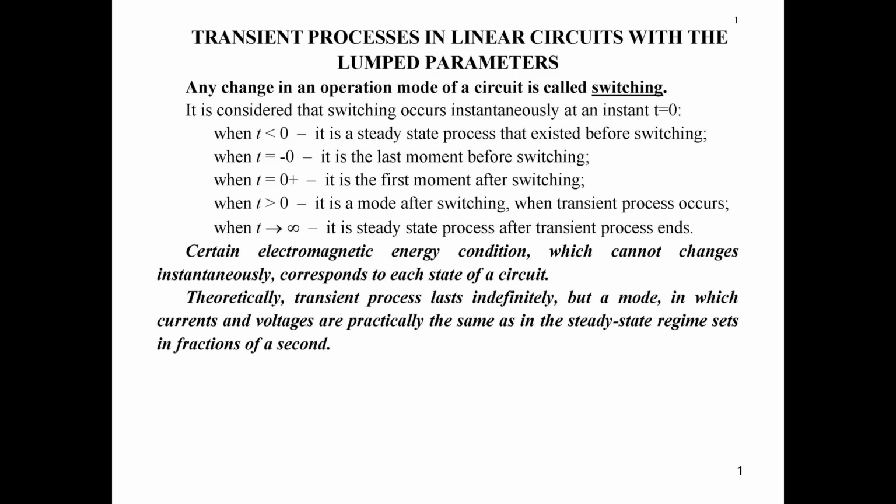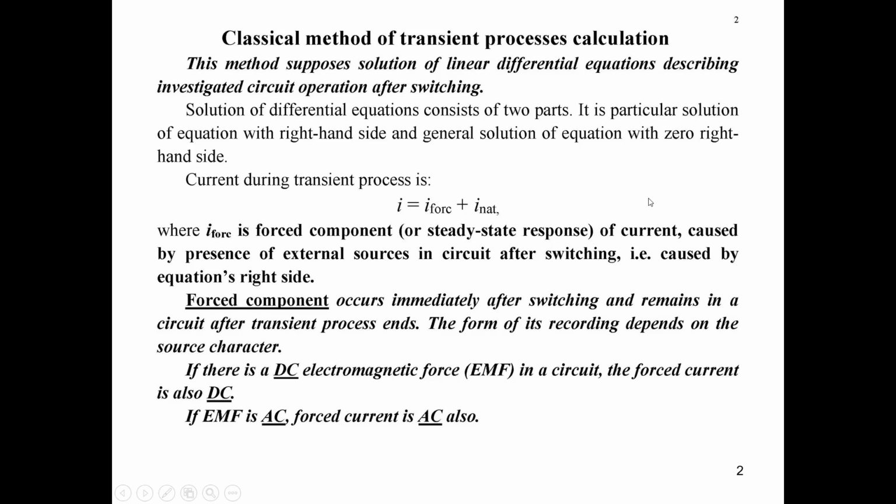We will consider the period t greater than 0 which will last for a period during which maximum levels of currents and voltages will be equal or less than 1% of the maximum level at the beginning of switching. So, at first we will consider the so-called classical method of transient processes calculation.